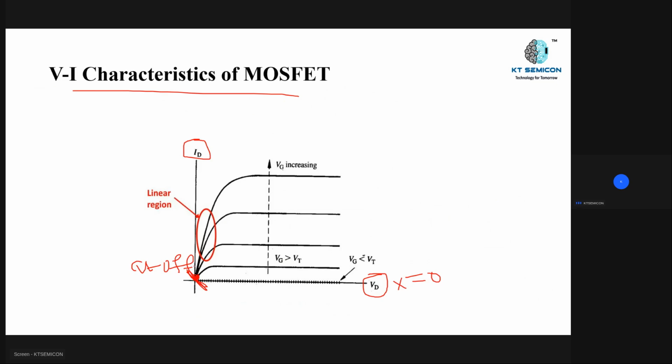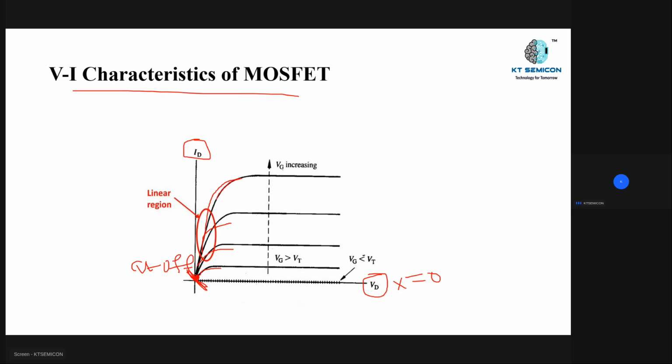After that, whenever we start increasing the VD voltage, what happened? My ID current is increasing, and it increases linearly.